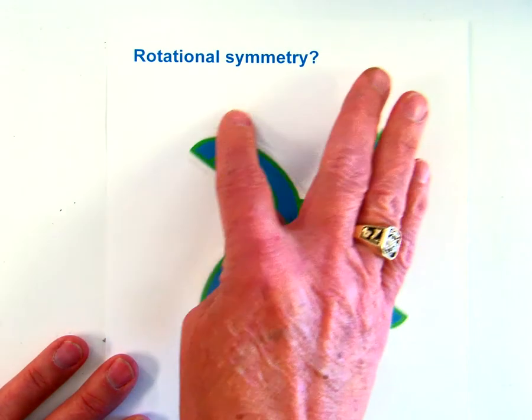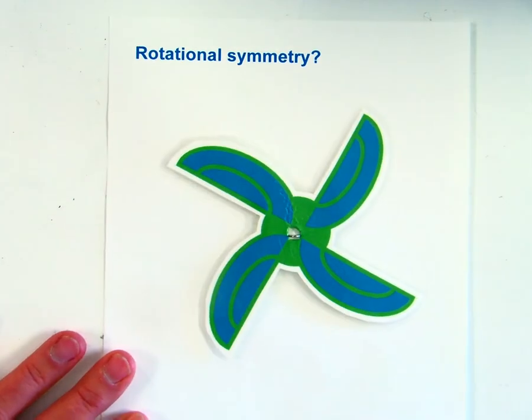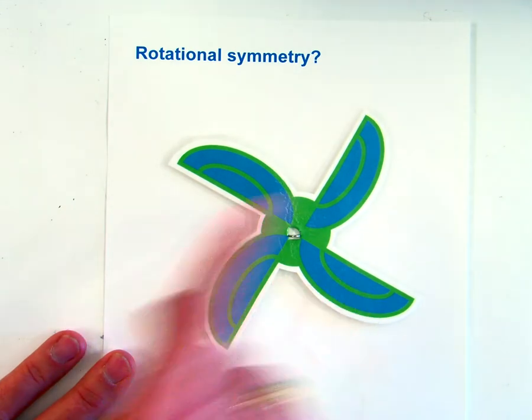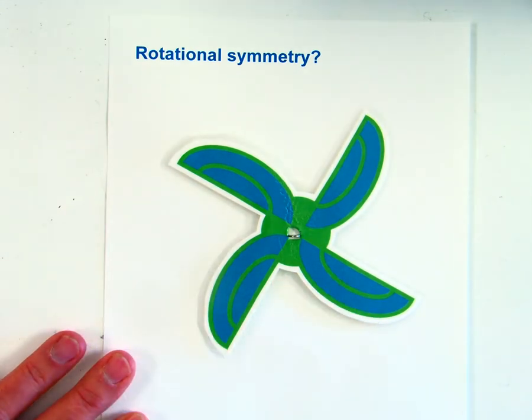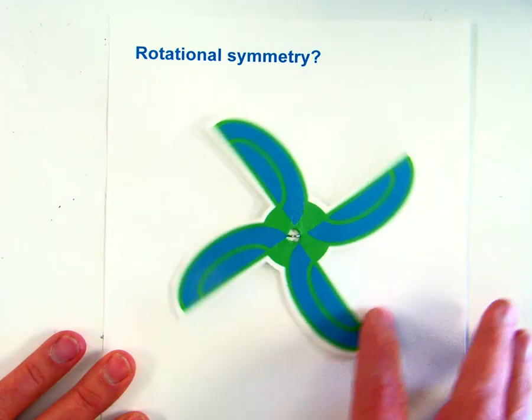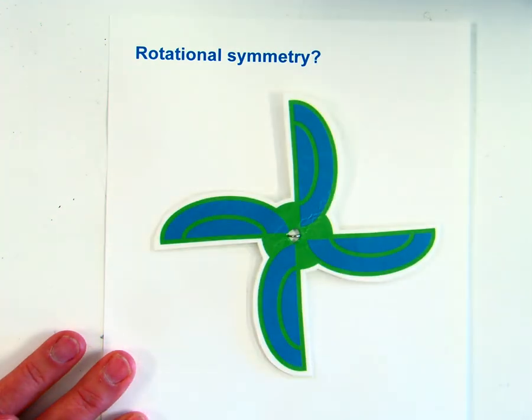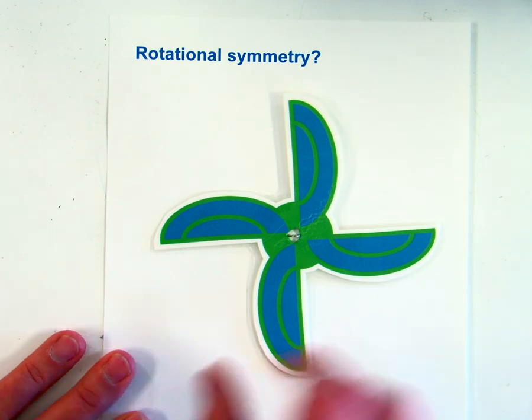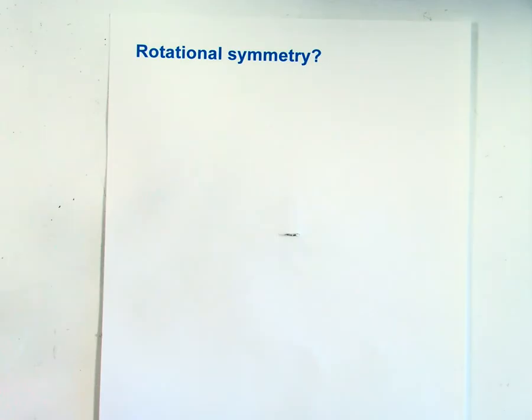And then back to the original. Again, we didn't care that this was a different one that was in the place. What we care about is that it appears to be the same orientation. This is not the same orientation, so this is not one of the degrees at which there's rotational symmetry. Let's play with a few of these and see what we can do with it.